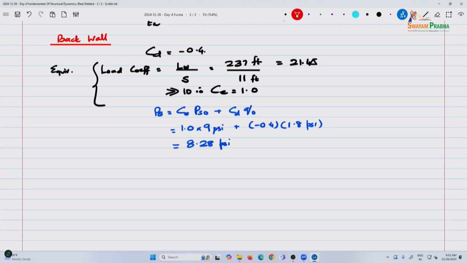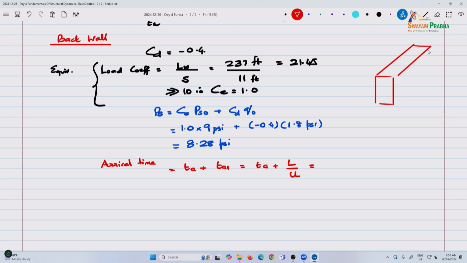Only difference between the back wall and the front wall is arrival time is TA plus TA1, which is TA plus L over U. Now, the building was 30 feet. So here that number, 30 feet, and the speed was 878 feet per second.